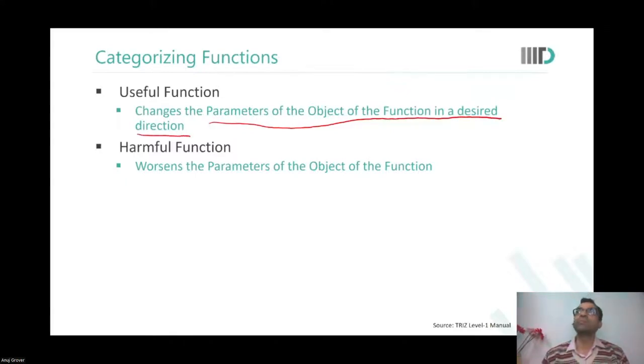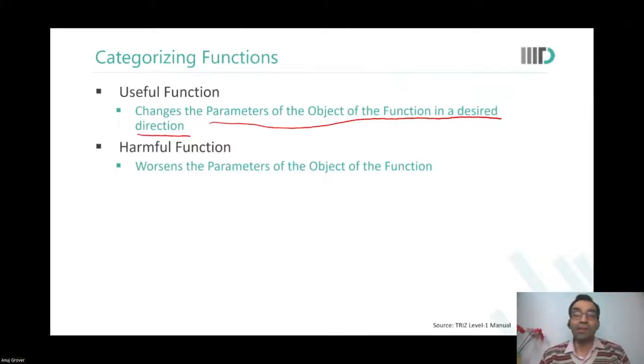For example, in yesterday's office hours, we were discussing the problem that due to online e-commerce, local shops are suffering. So we were thinking of a solution where the local shops would get more footfall or more orders, and they will be able to recover their loss of income. So that would be the useful function.